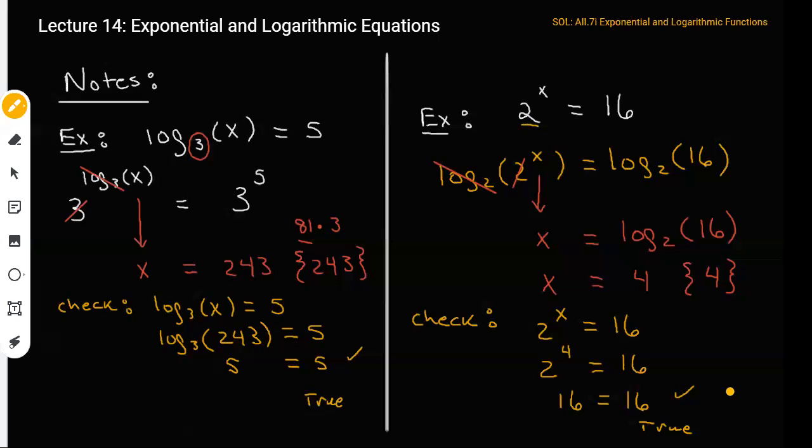Okay. So on the next slide, we're going to do the exact same thing. We're going to do an equation on the left side and one on the right side.